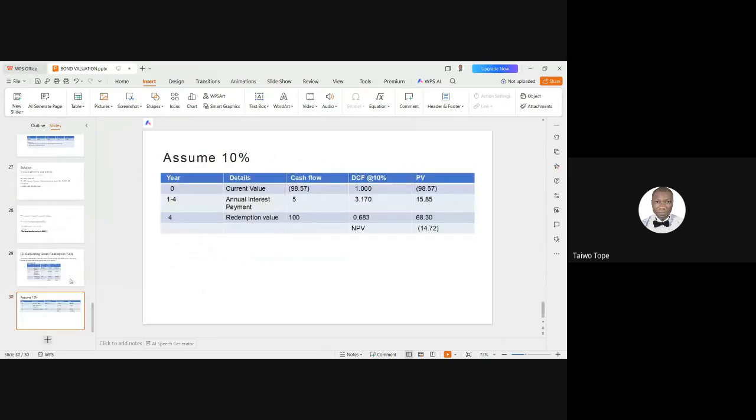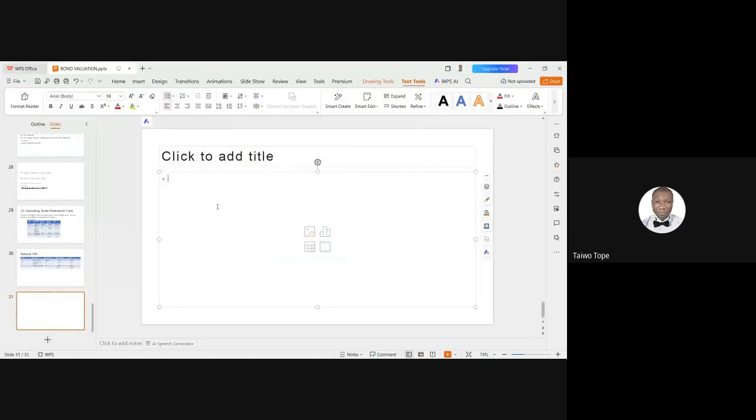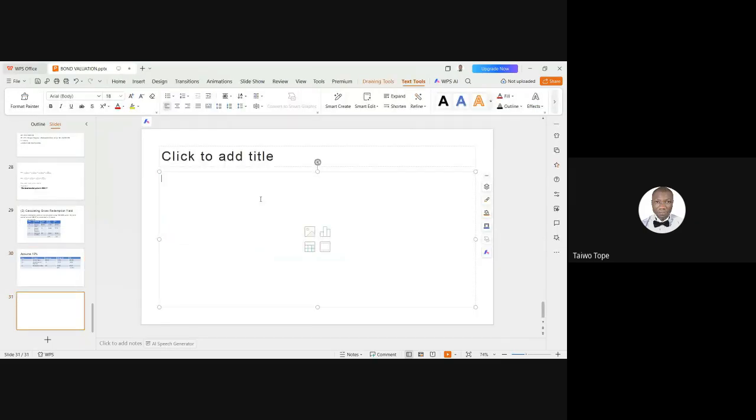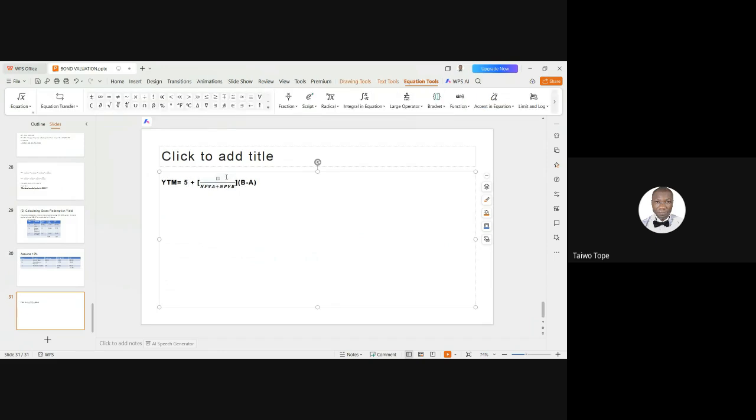So once you apply that, to get your yield to maturity, A is the lower discount factor, and it is 5. The NPV of the lower discount factor is 1.46. And for NPV of B, take note, originally this is minus.